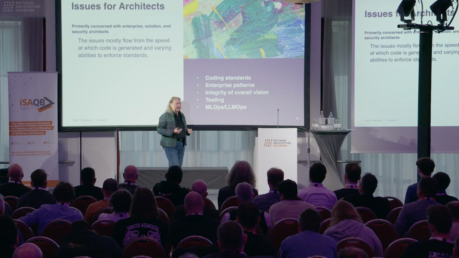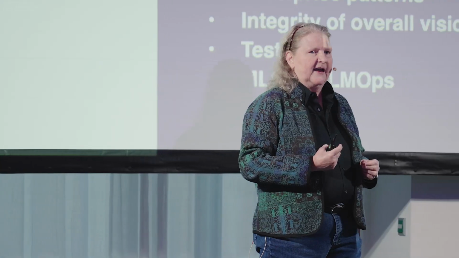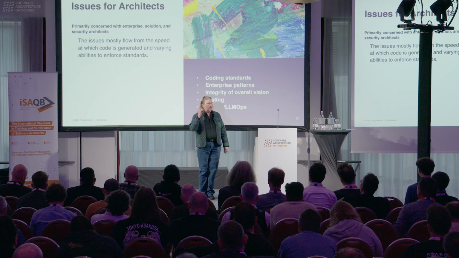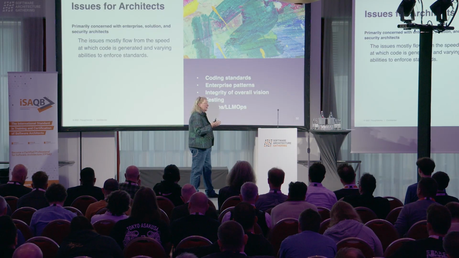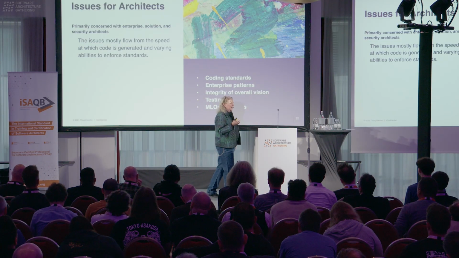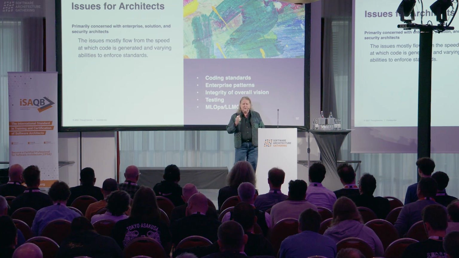CodeScene did an analysis of refactorings, and they tested it across multiple coding models. And the best any of the models did in terms of being able to correctly refactor a piece of code was 33%. Now, how many of you think that you would keep your job if you got it wrong 2/3 of the time?